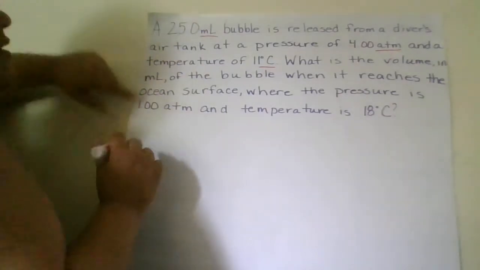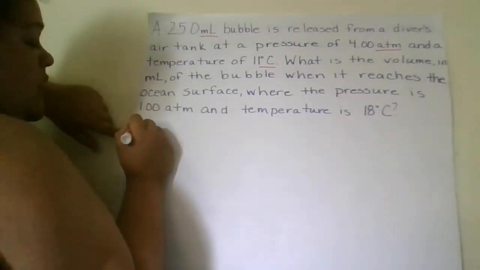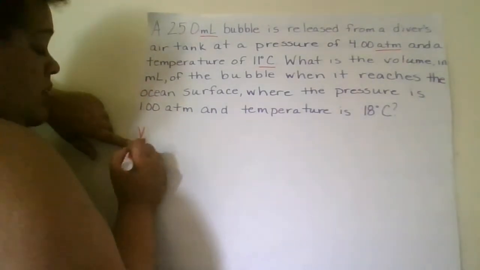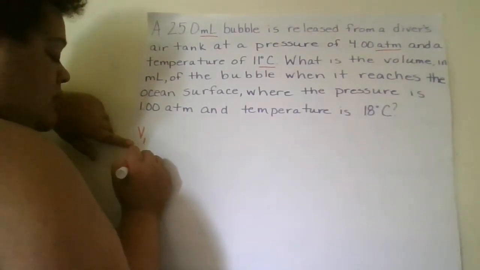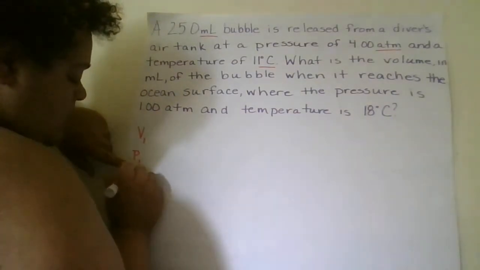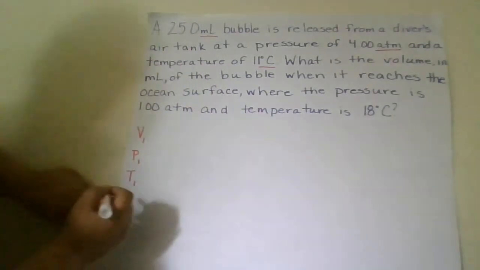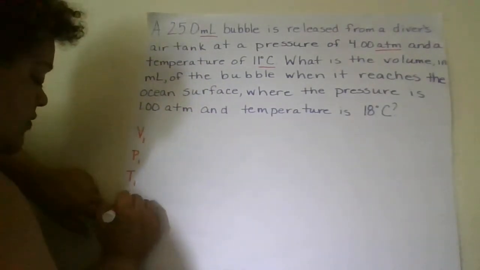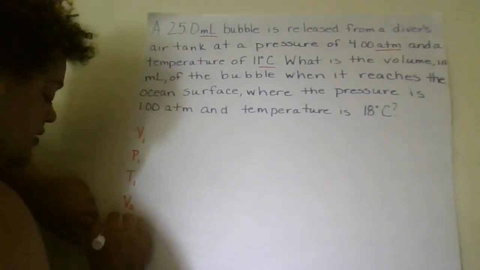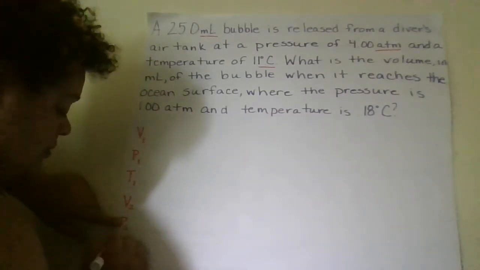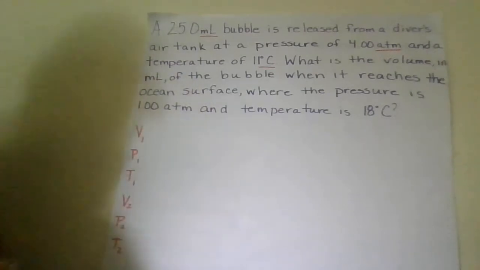So let's go ahead and start labeling what we have. We have a V1, a P1 and a T1. So if we have 1, we're going to have 2: a V2, a P2, and a T2.